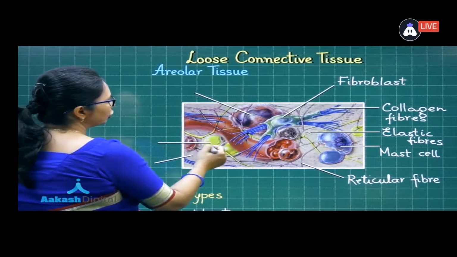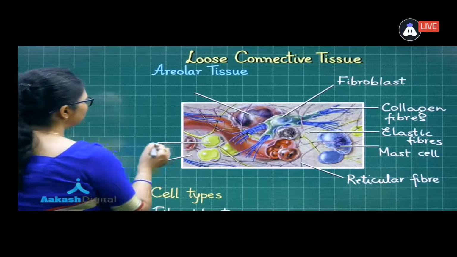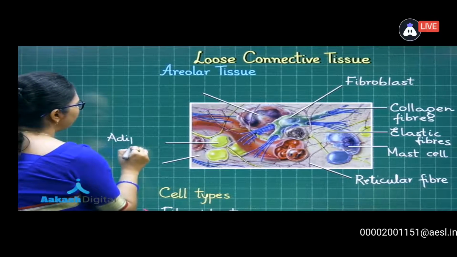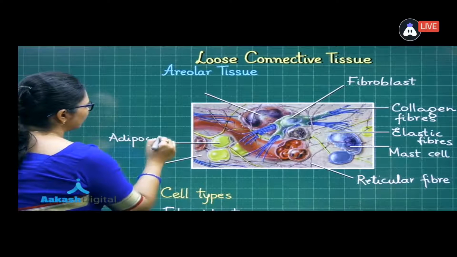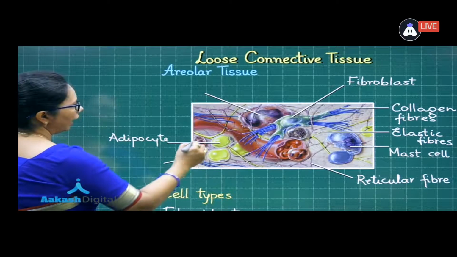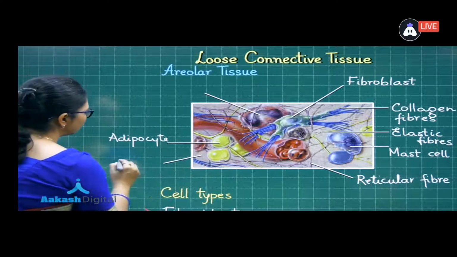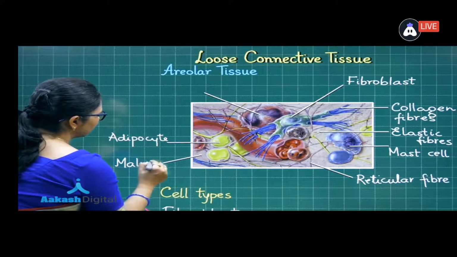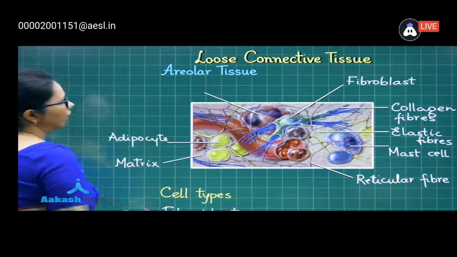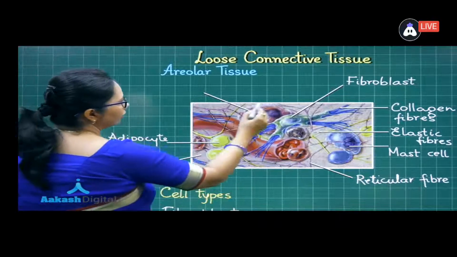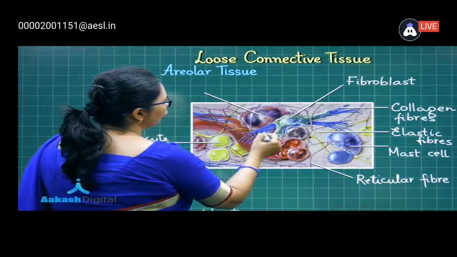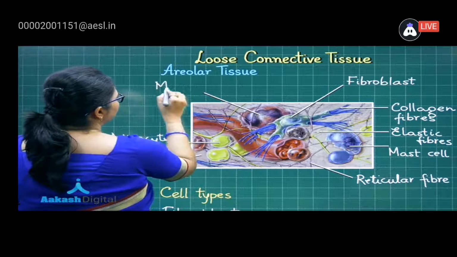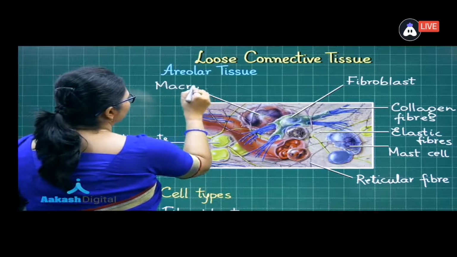These cells in which large oil droplets can be seen, this is the adipocyte, and the rest of the remaining ground substance here, of course, that is the matrix. And here this large cell with a number of pseudopodia arising from it, this one is the macrophage.